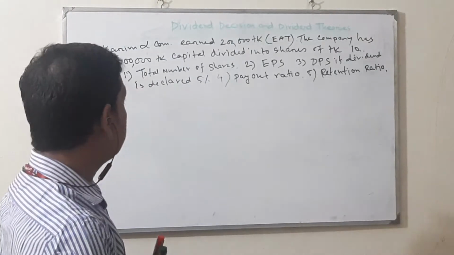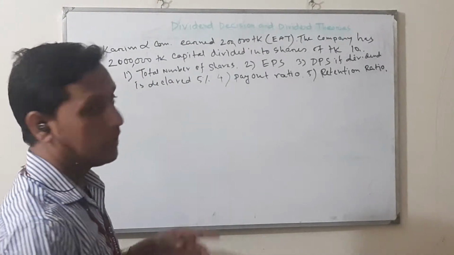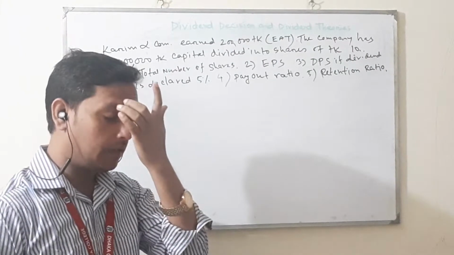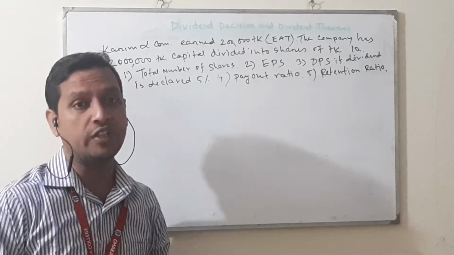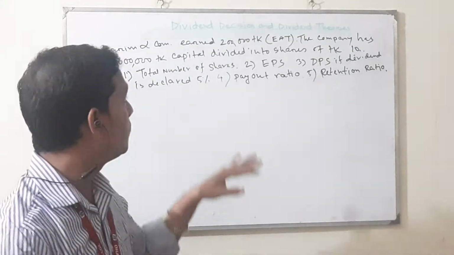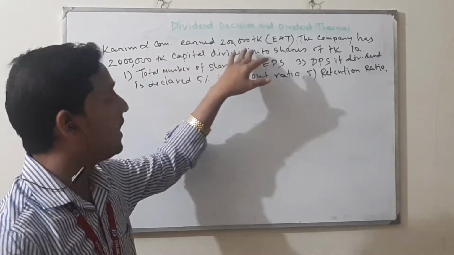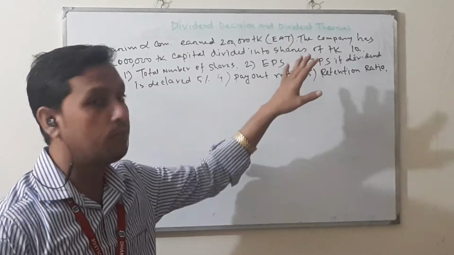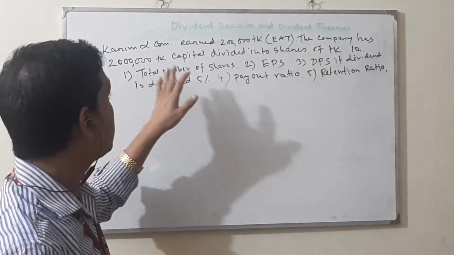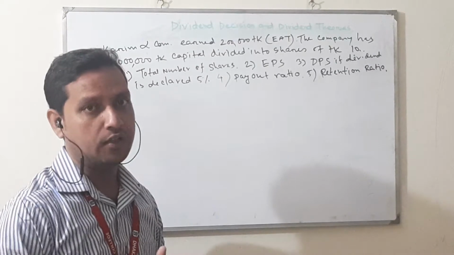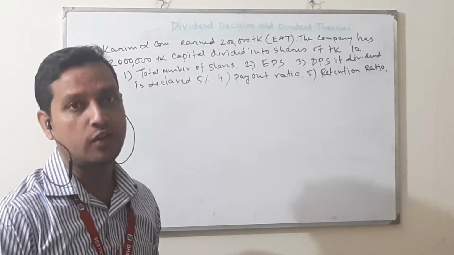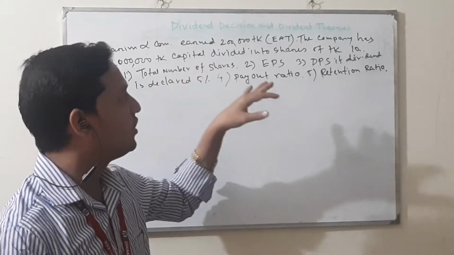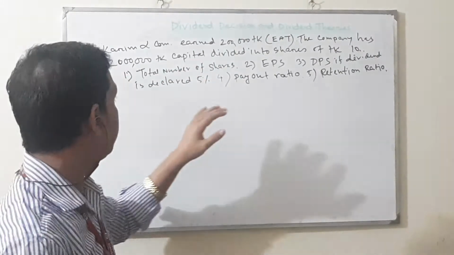Okay, dear students, just read this out. Korean company has earning of 2 lakh taka, which is called EAT, I mean, earning after tax. The company has 20 lakh taka capital, which is authorized capital, divided into shares of taka 10 each.